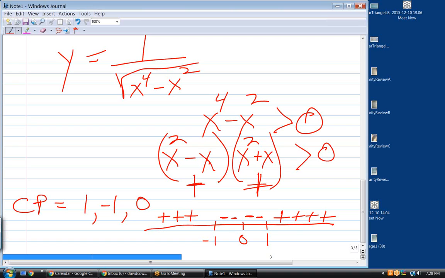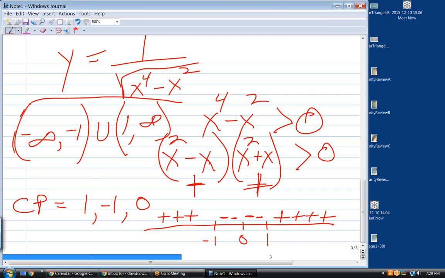So my solution is, and do you use interval notation? Yeah. So my solution is -infinity to -1 with a parenthesis, union with 1 to positive infinity.